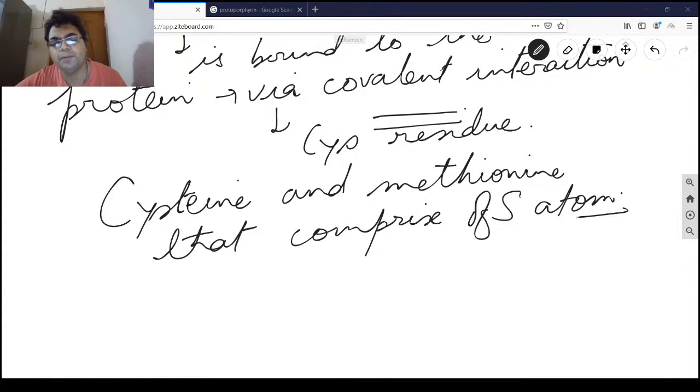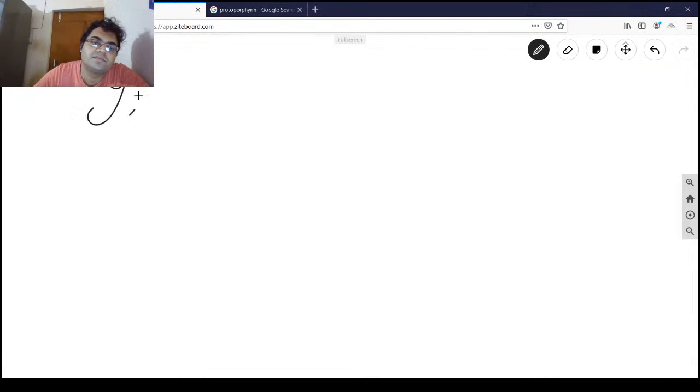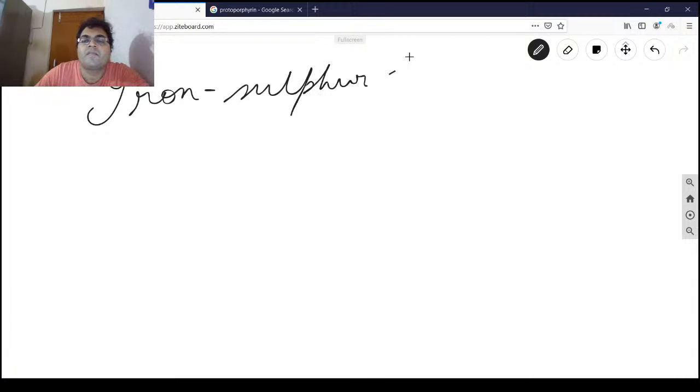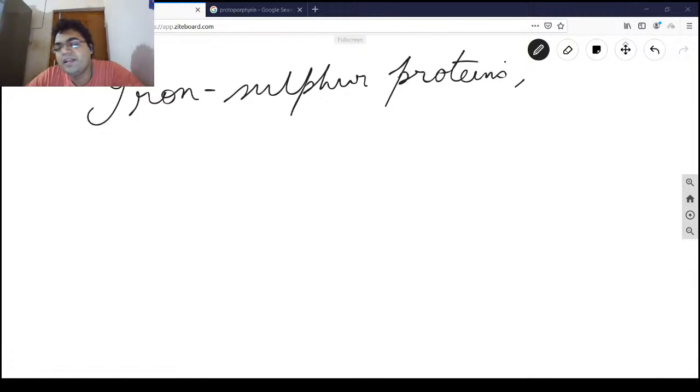Now, iron sulfur proteins, as the name suggests, also contain iron, but they lack the heme group. The third category of proteins which can carry electrons and shuttle them from one complex to the other is the iron sulfur proteins, which carry iron. Iron is present in them but not in heme.